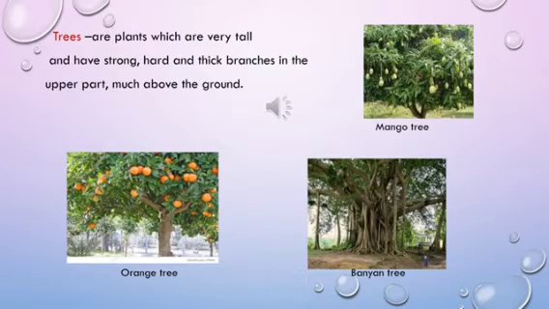The common examples for trees are coconut tree, mango tree, banyan tree, etc. So, how is a tree different from a shrub? Trees are very tall compared to shrubs, and they have very strong and thick and brown stem. And usually they have branches in the upper part much above the ground.